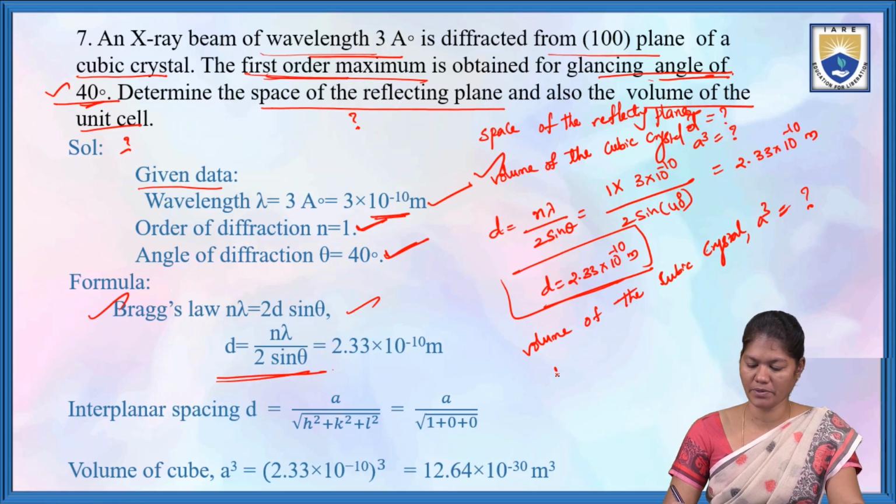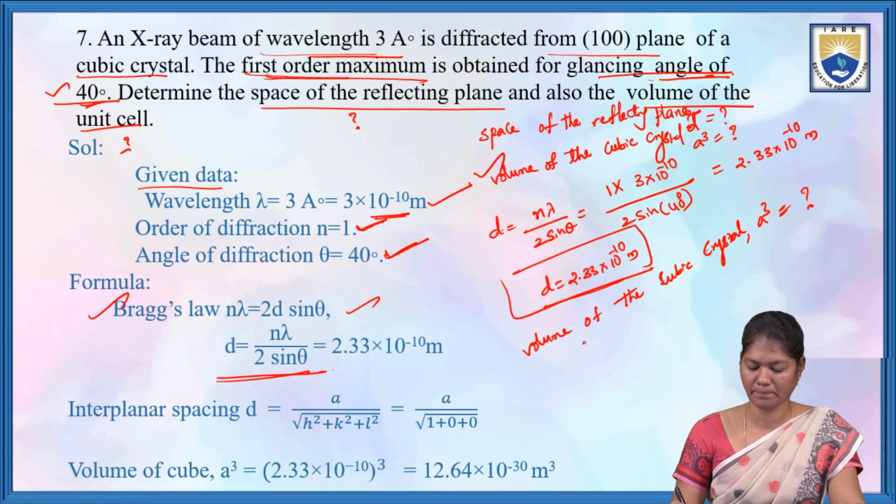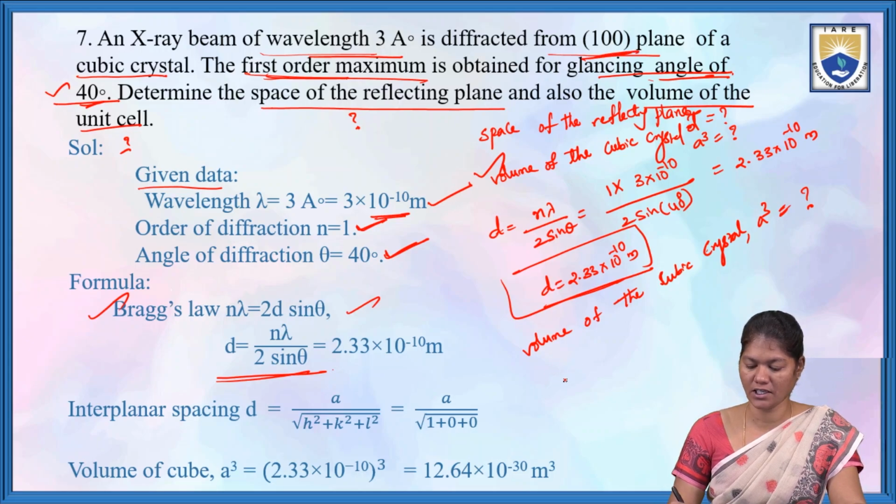From the interplanar spacing d. We need to calculate the interplanar spacing d for a plane. So we have the relation between a and d.